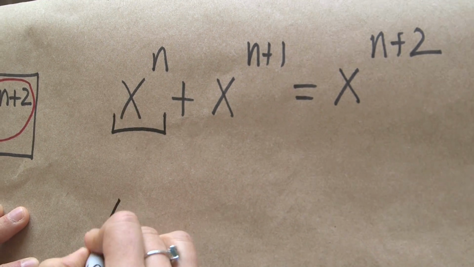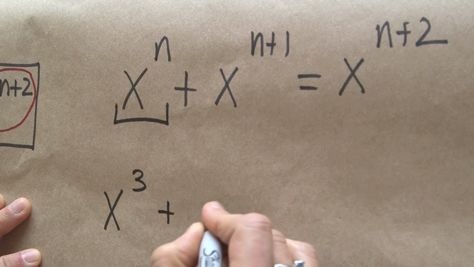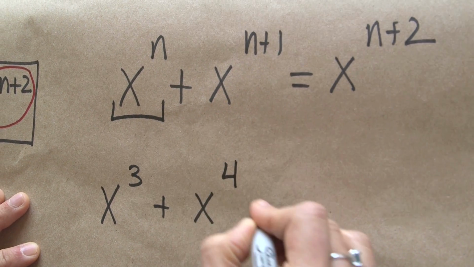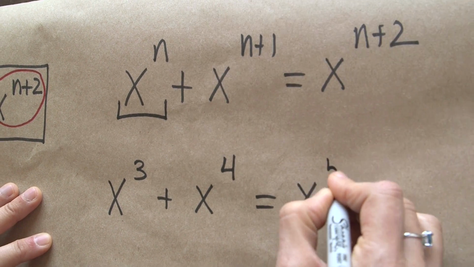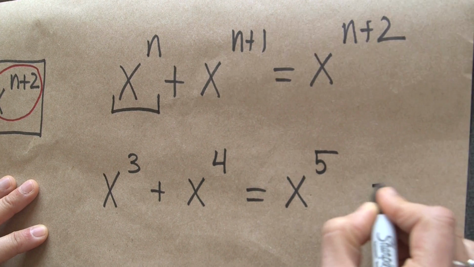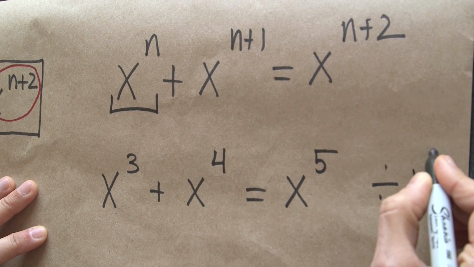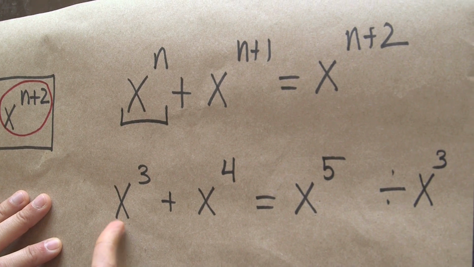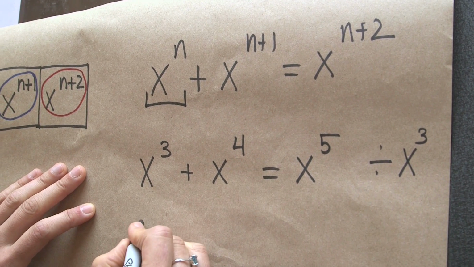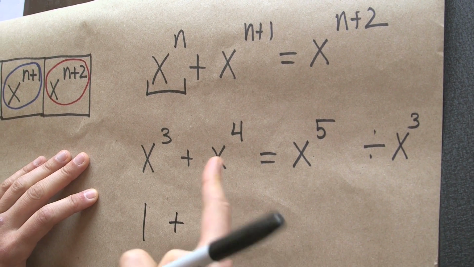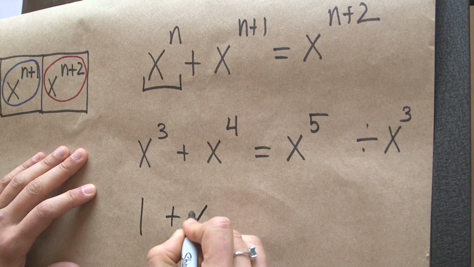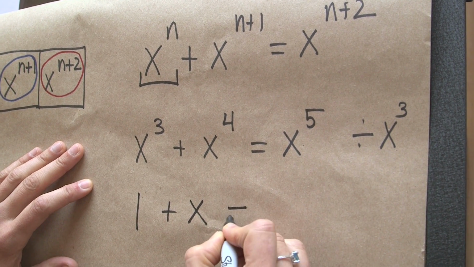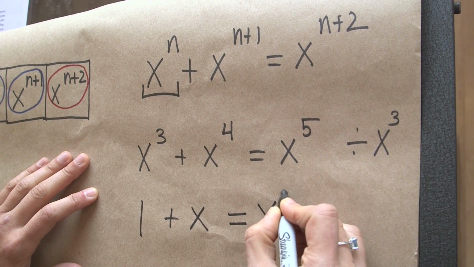So for instance, if this were x cubed plus x to the 4th equals x to the 5th, we should simply divide everything by x cubed to get rid of the extra fluffy stuff here. So x cubed divided by x cubed is 1. We have 1 extra x if I divide x to the 4th by x cubed, and 2 extra x's on the right hand side.